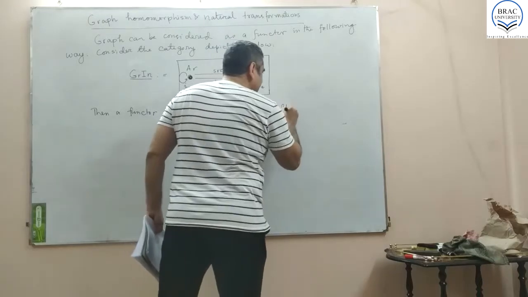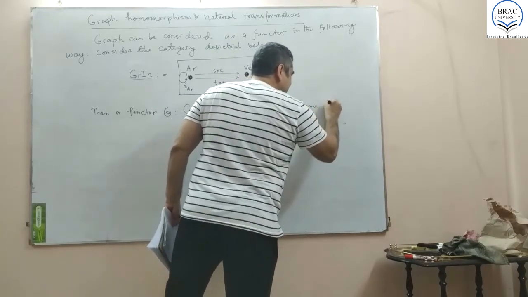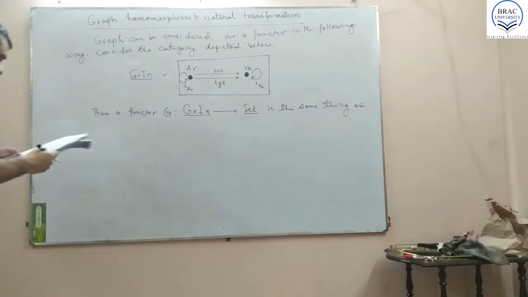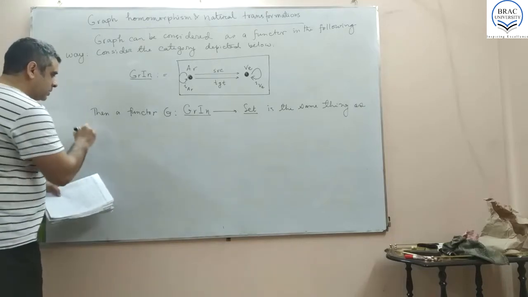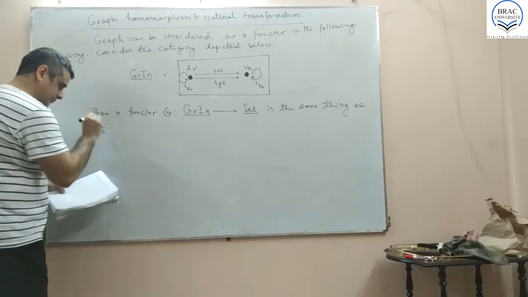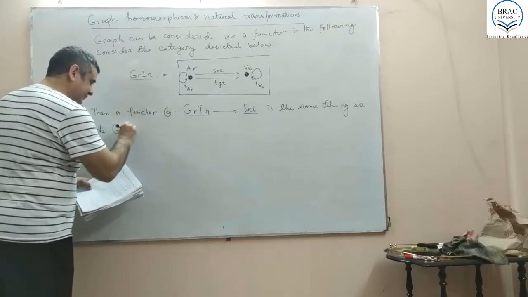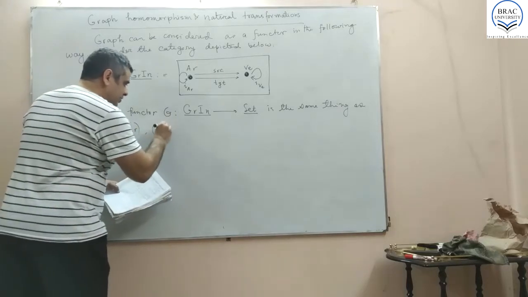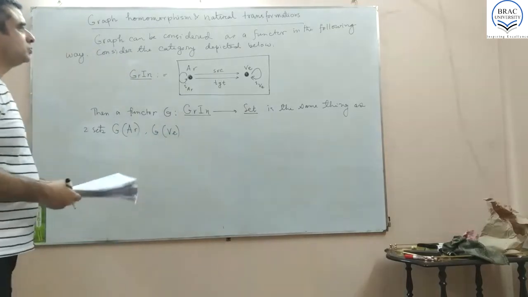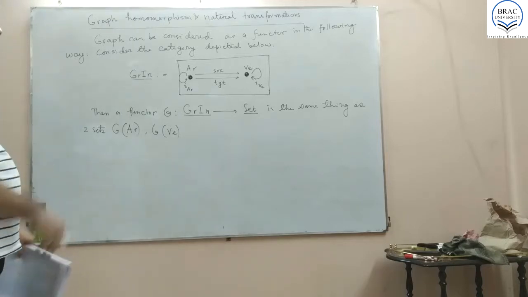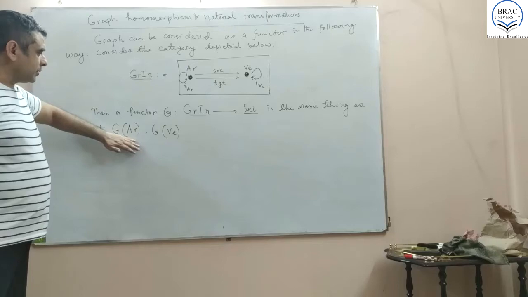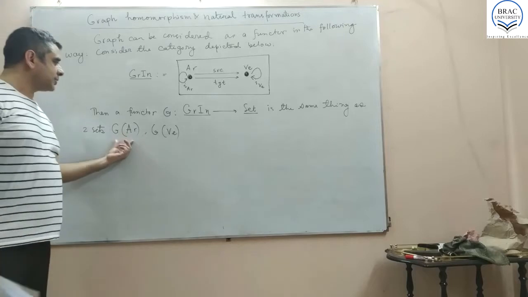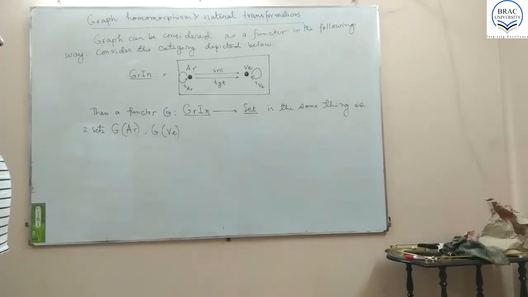It is the same thing as two sets, GAR and GVE. These are the objects in this category. In other words, they are sets, okay?